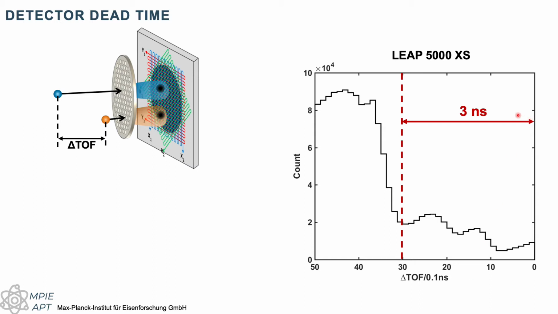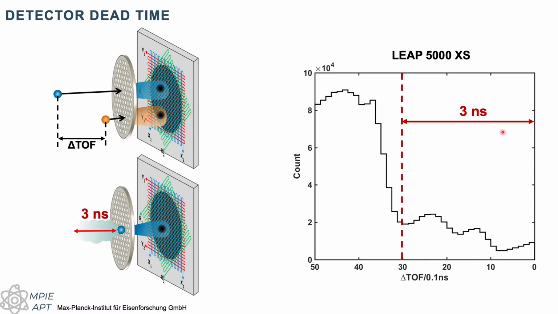And actually she could see that there was a significant drop in the number of events for ions that were very closely separated in time by less than 3 nanoseconds. So after one ion has struck the detector, there is a sort of gray region where it gets very difficult for the detector to actually find out that a second ion has arrived.